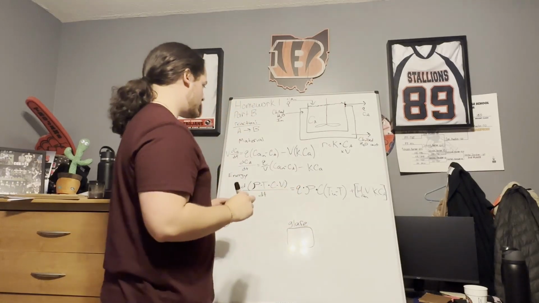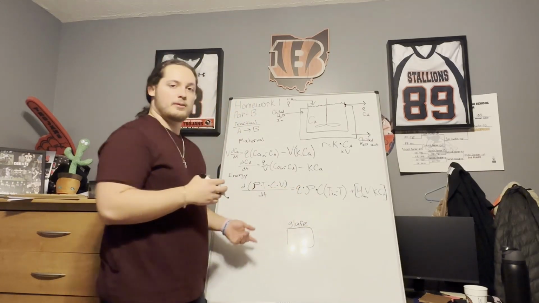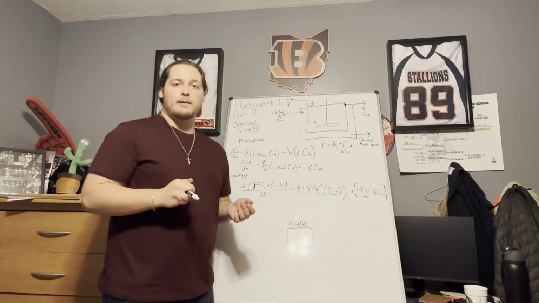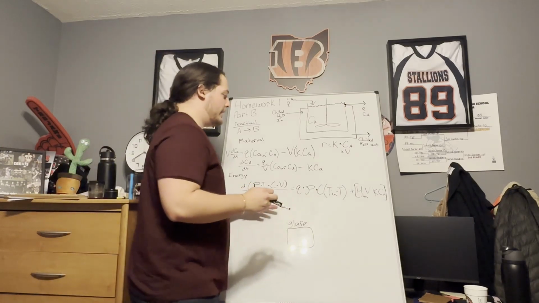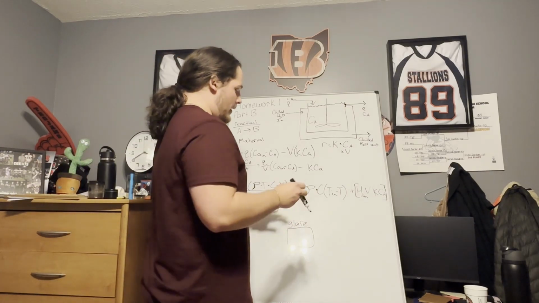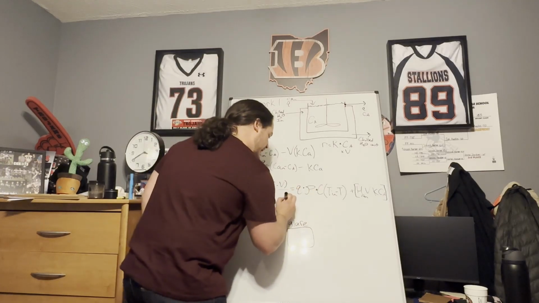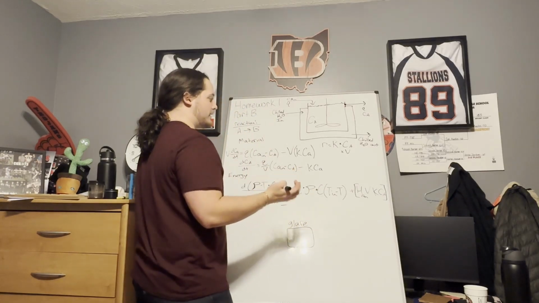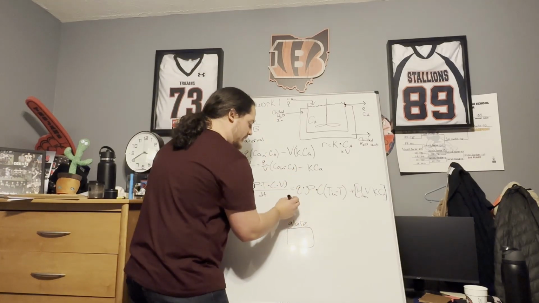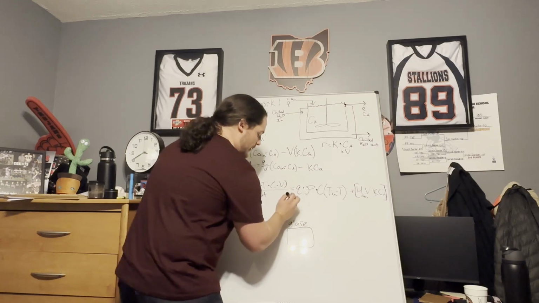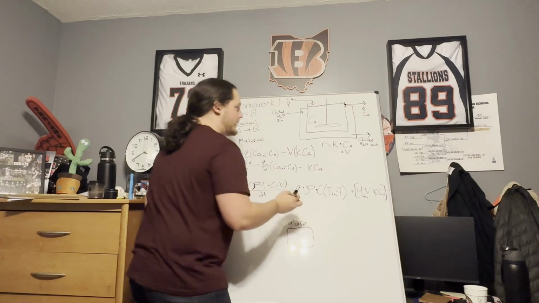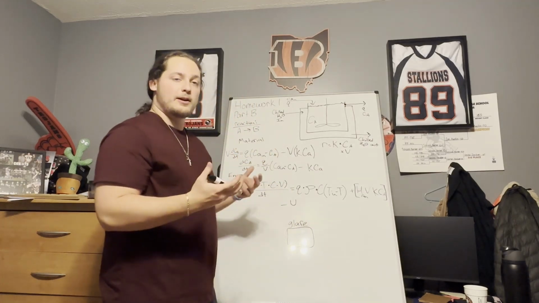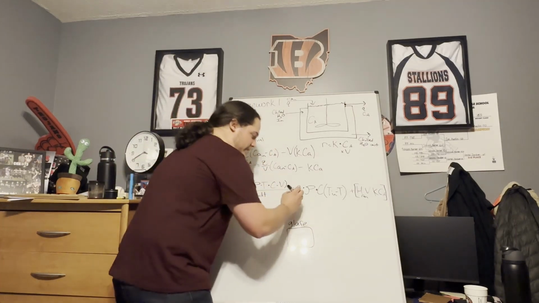Okay, so next we need to take into account the coefficient of heat transfer, U. So next on our right hand side, we need to subtract the amount of heat that is lost. So that is going to be subtracting the heat transfer coefficient, U, multiplied by the area at which the heat transfer is occurring.